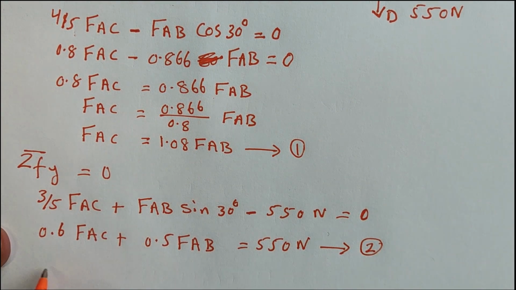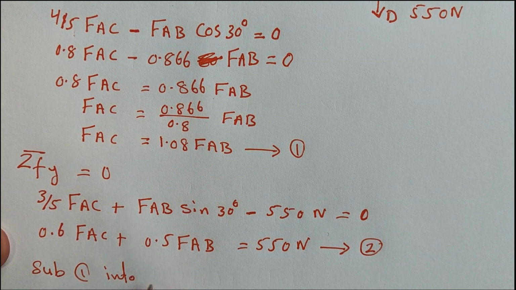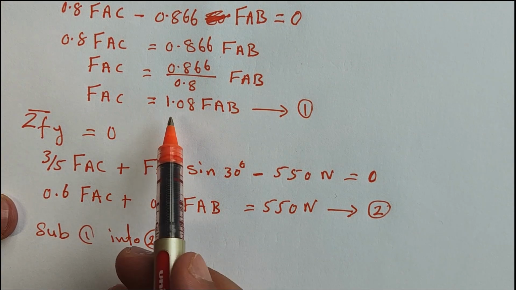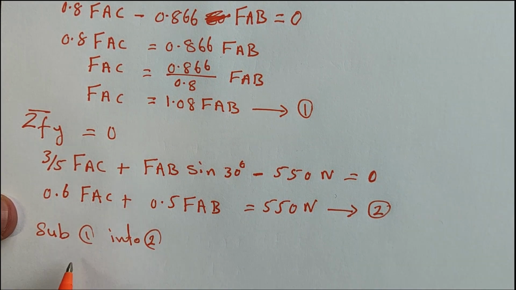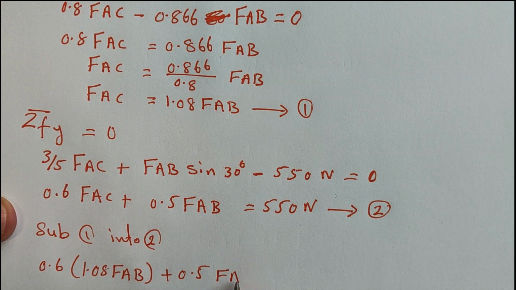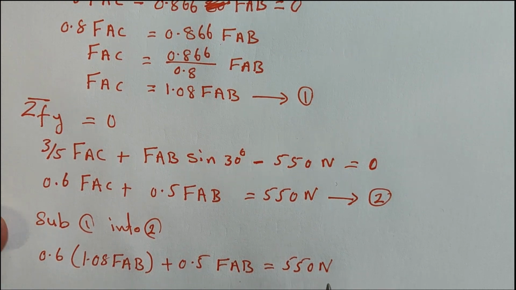Now substitute 1 into 2. Taking FAC, which is 1.08 FAB, we have 0.6 times 1.08 FAB plus 0.5 FAB equal to 550 Newton.